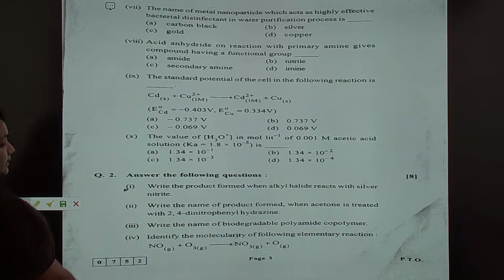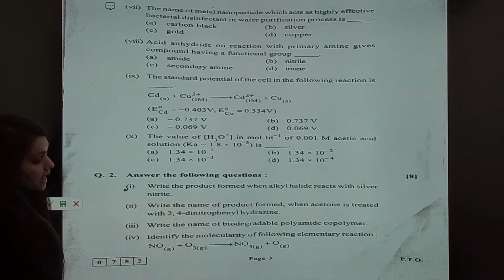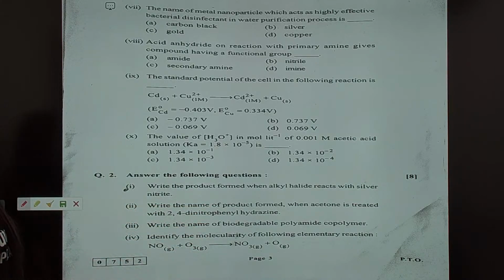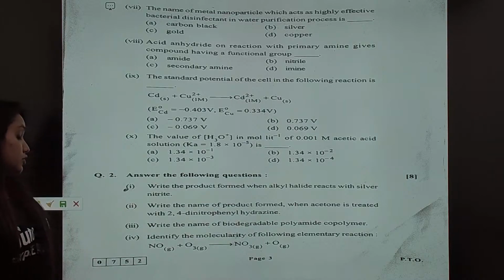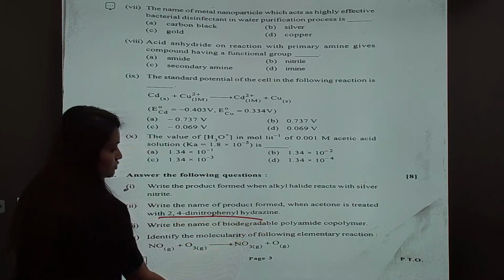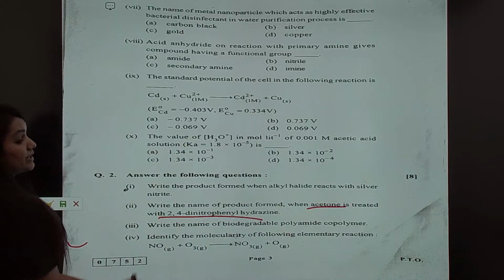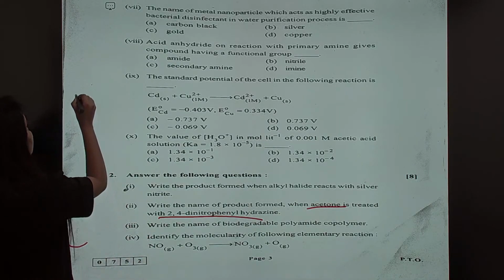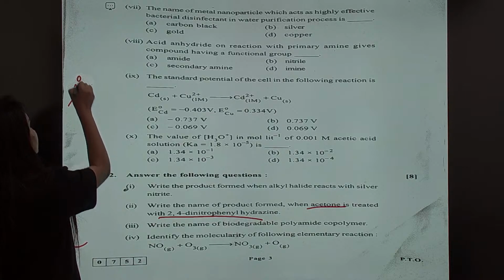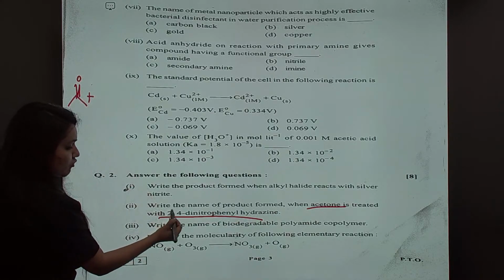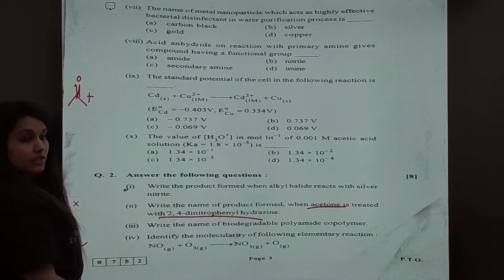The next one is write the name of product formed when acetone is treated with 2,4-dinitrophenyl hydrazine. So first of all, we need to know what this is. Let us try and write the reaction. When I say acetone, the reaction could be written like this. Let us make this 2,4-dinitrophenyl hydrazine.